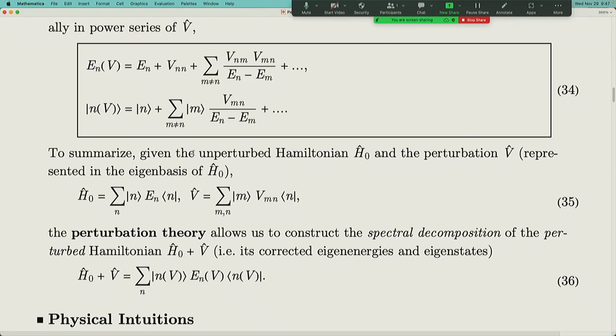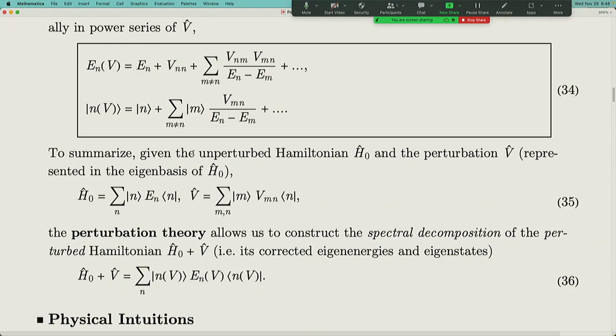So this set of basis states, the eigenvalues of these basis states, and the matrix elements of the perturbation are the three pieces of information that we know about the system at lambda equals 0. And you can see that in the above expression, everything is expressed in terms of these three pieces of information.